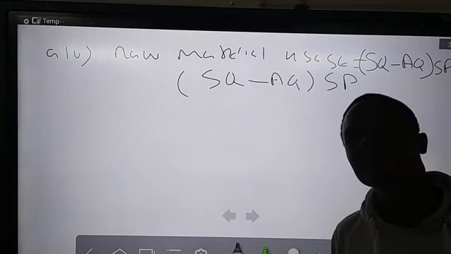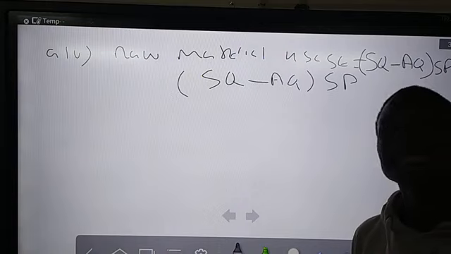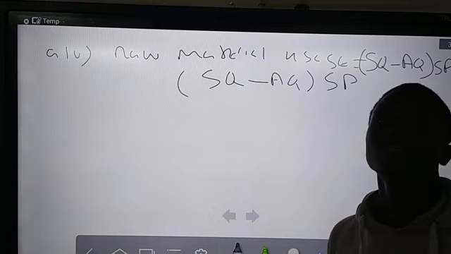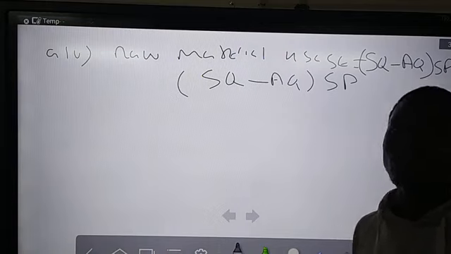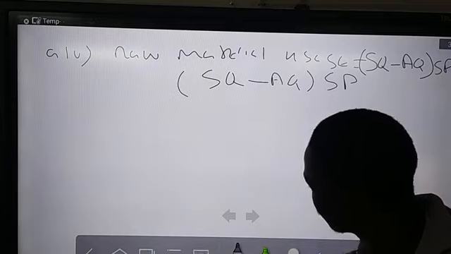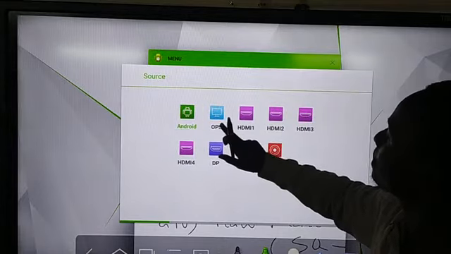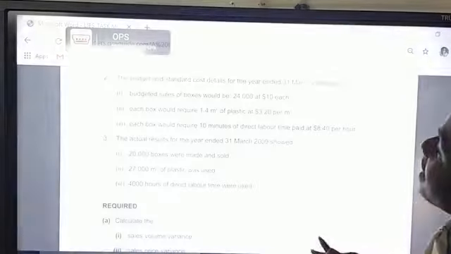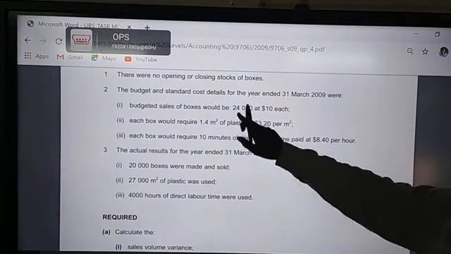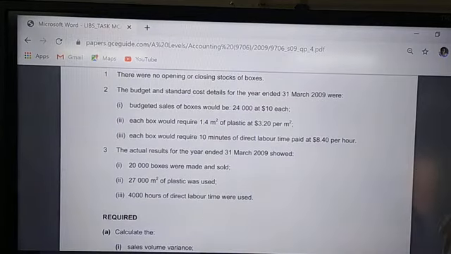Remember we said whenever budgeted output differs from actual output, the budget must be flexed to produce one for the actual output. If you observe from the original question, what was our budgeted output? It budgeted that we are going to produce 24,000, but 20,000 boxes were produced.